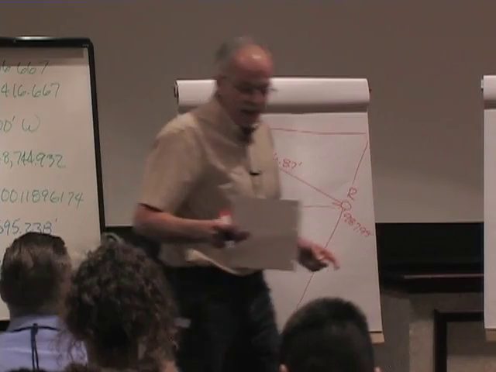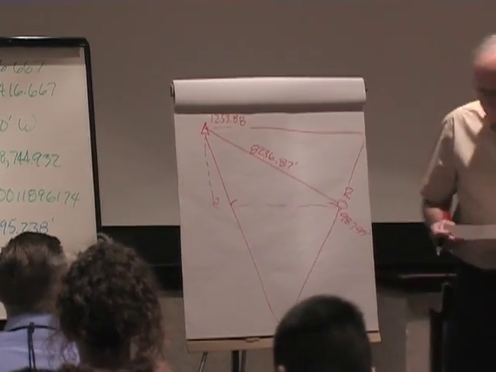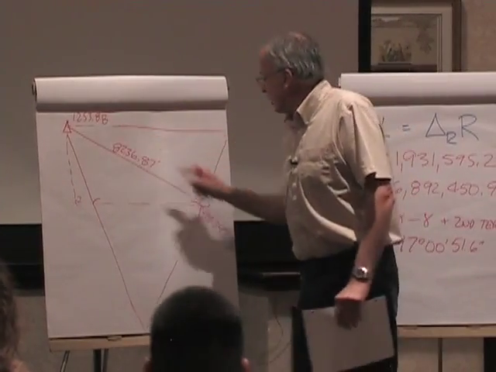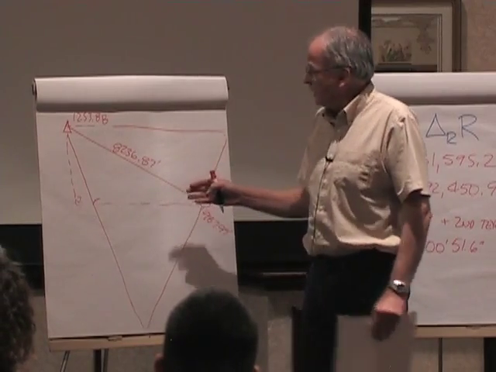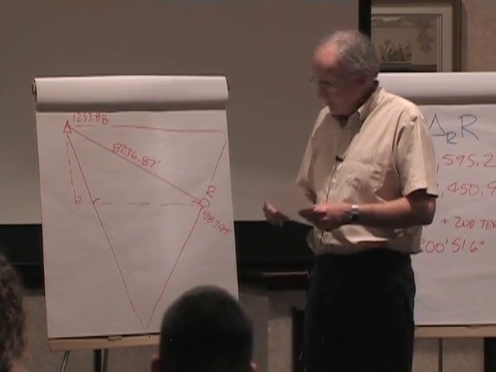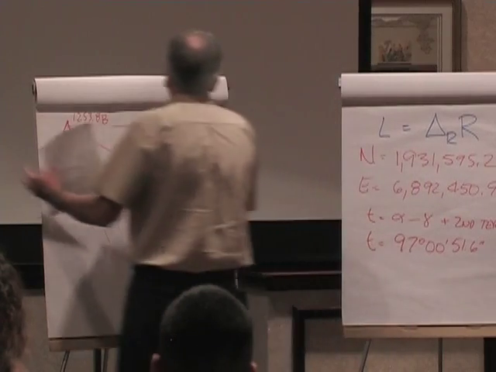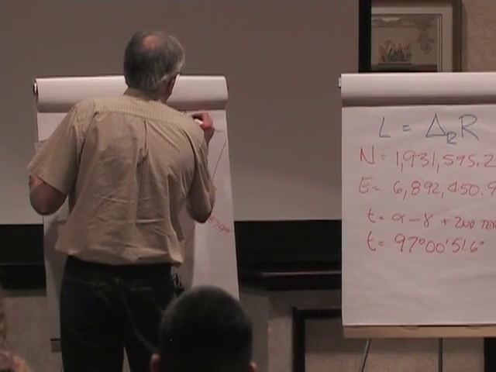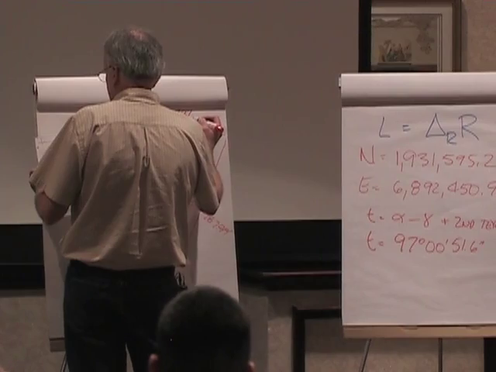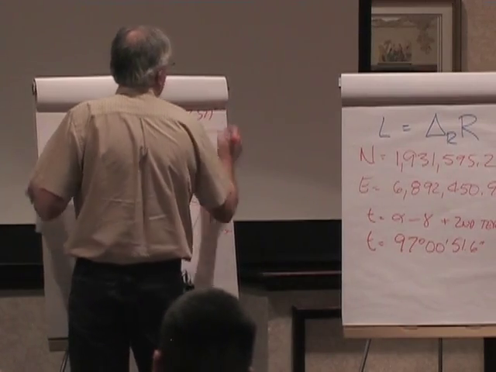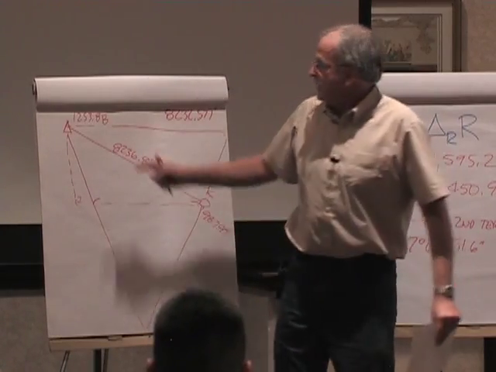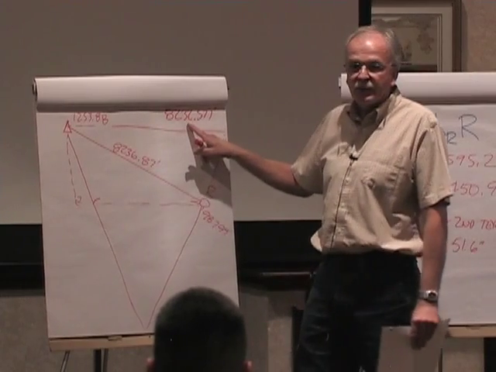Now, if you do the math here, and you know this, and you know this, and you solve the right triangle here, I think you end up with a distance of like 8232.577 feet. If you simply solve this right triangle, you end up with this dimension.